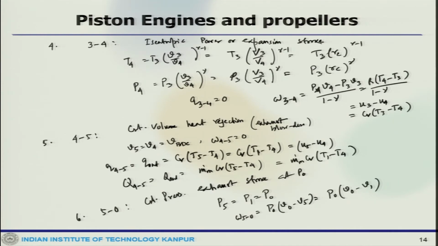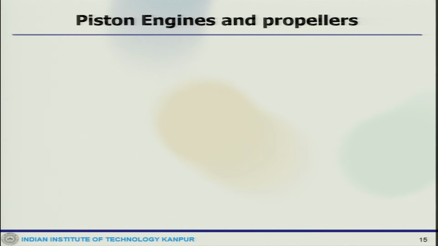So we can find out the thermal efficiency of the Otto cycle. Since the Otto cycle is executed in a closed system, we can disregard the changes in the kinetic and potential energies.